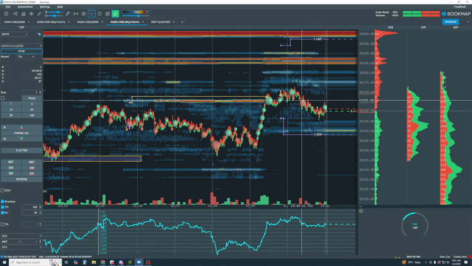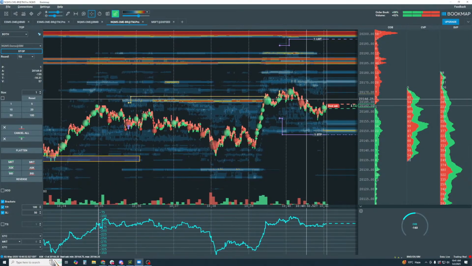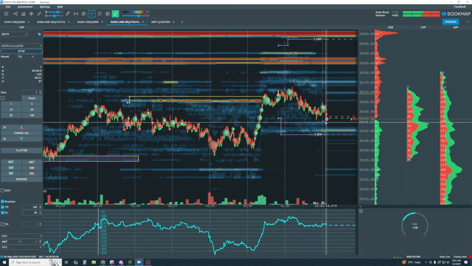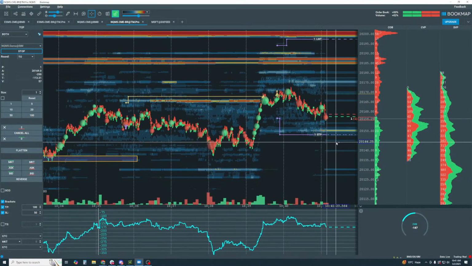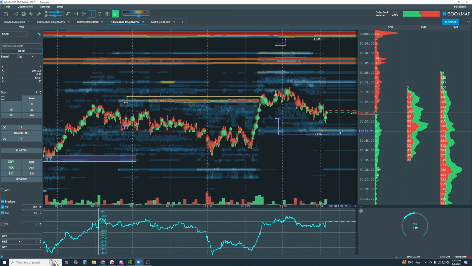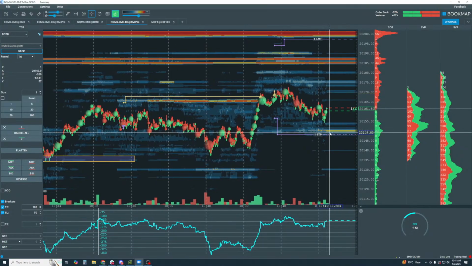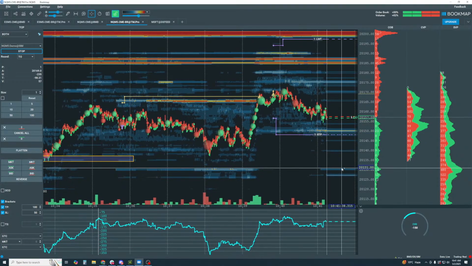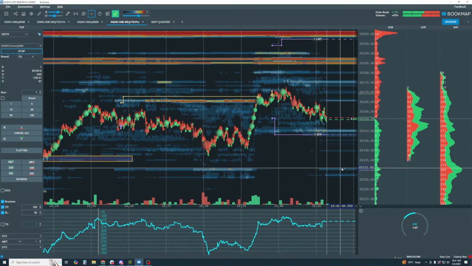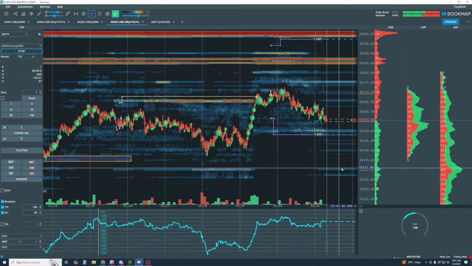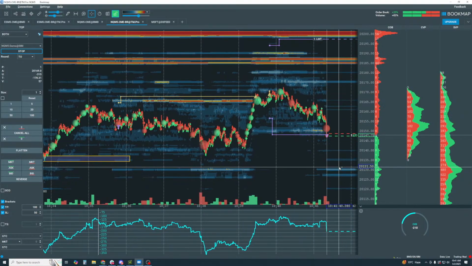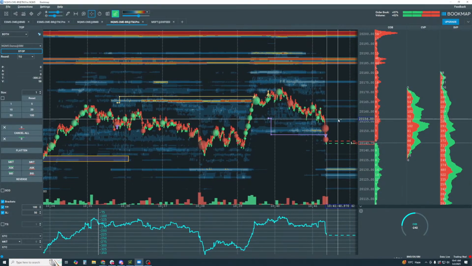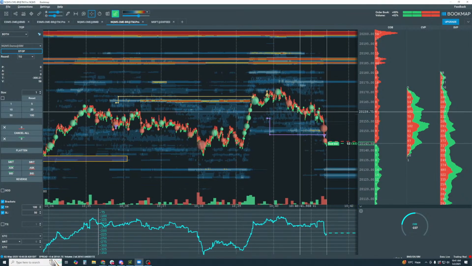Let's see if they can get back up here. That could be pretty nice. High liquidity coming in at 150 here. Nope, this didn't play out.